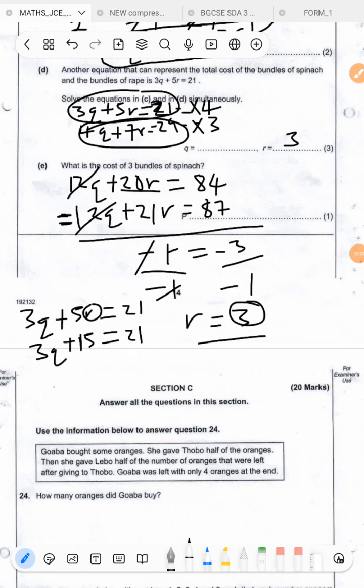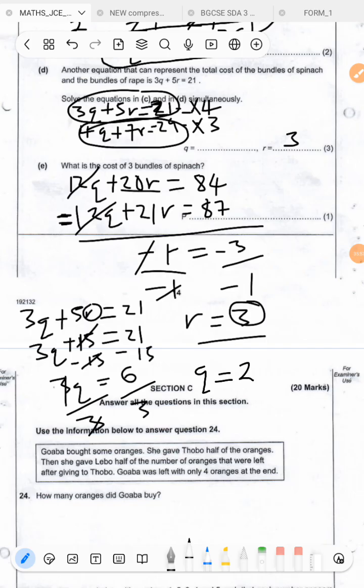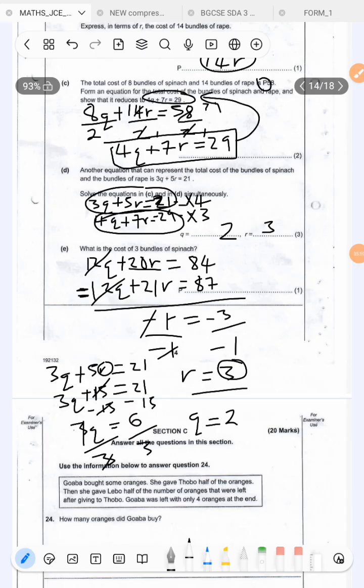Now I'm solving for Q. Minus 15 on both sides. 3Q equals 21 minus 15, which is 6. Divide by 3 on both sides. Therefore, Q equals 2.